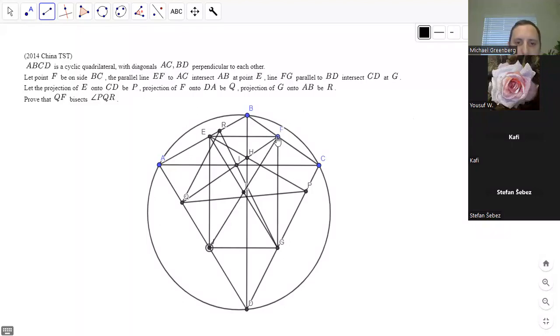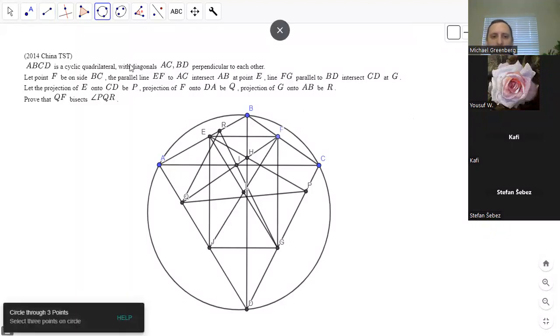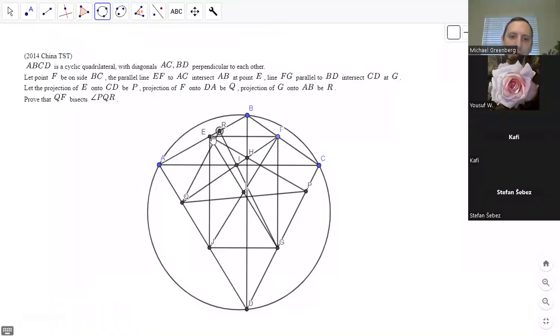I think I see now what you're saying. Yeah, now it is obvious that Q lies on the circle. Okay, so that proves that Q lies on the circle. Because we draw this point, which makes a rectangle. And then once we have this point, and it's easy to show that it lies on AD, then it's just an easy angle chase.